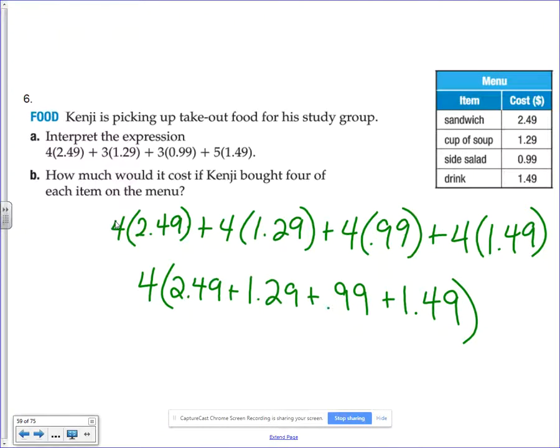Doesn't matter which one you do because of the distributive property. What will his total bill be? $25.04. Good.